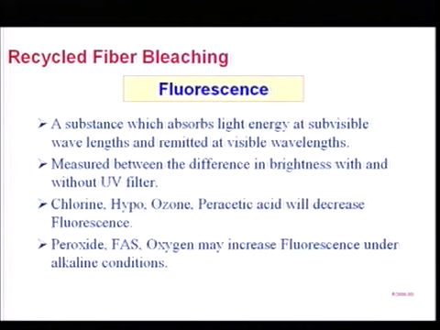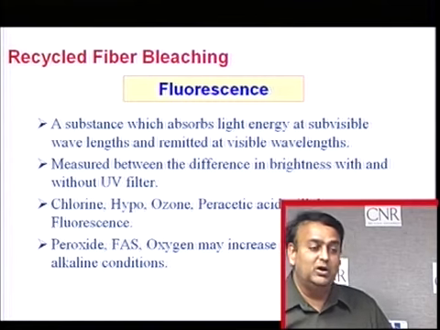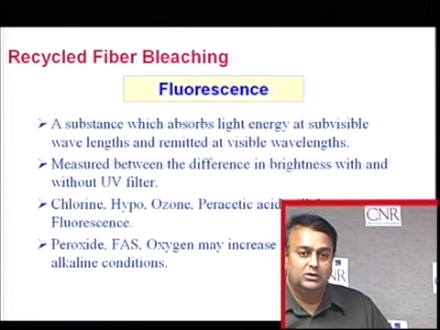Next one is the fluorescence. What are fluorescent compounds? Fluorescents are the substances that absorb light energy in subvisible regions and re-emit in the visible region. How do I measure fluorescence? With UV light. With and without the UV filter, you measure the brightness difference, then it will tell you whether you have fluorescent whitening agents.